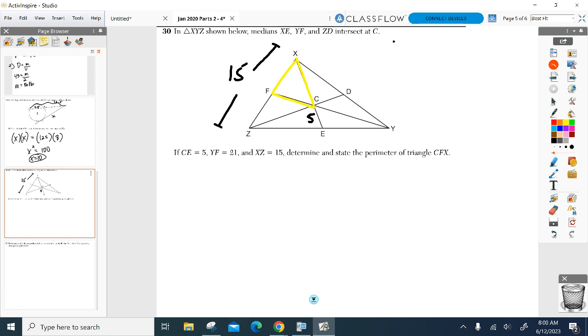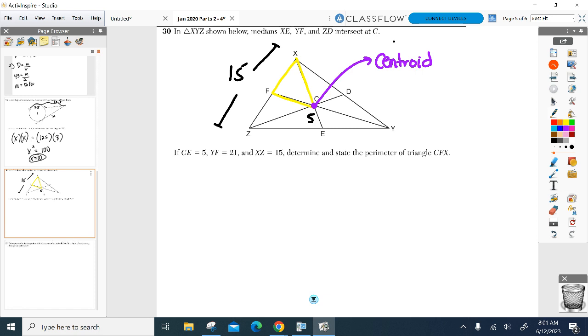These are medians. In the directions it said all of them are medians, and they all intersect at C. C had a name where all the medians intersect. It was called the centroid.